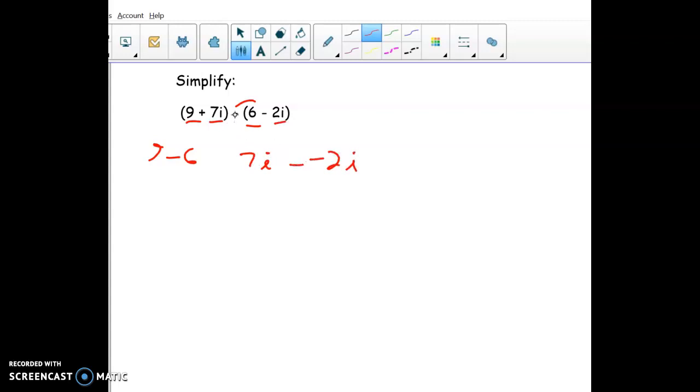And make sure you keep this negative goes to both. So it's minus -2. So we end up with 3 as the real part. And then this would become a plus. So that'll be positive 9i. And main thing here is make sure you distribute that negative. Oftentimes students forget that. Okay, and again, this isn't FOIL. Sometimes students will FOIL here too, but this is a minus, not a multiply question.